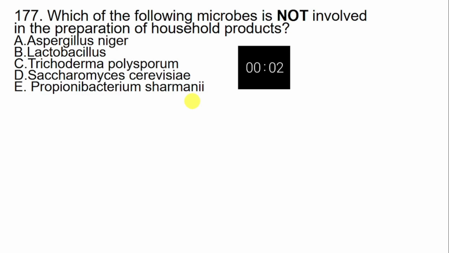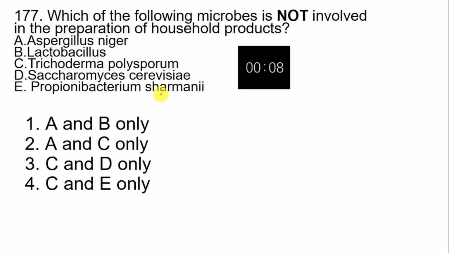Which of the following microbe is not involved in the preparation of household products? So household products will be, let's see the options. We can see only 2 of the microbes are not used in the preparation of household products.